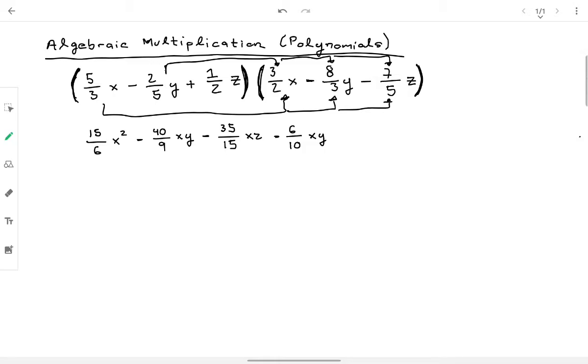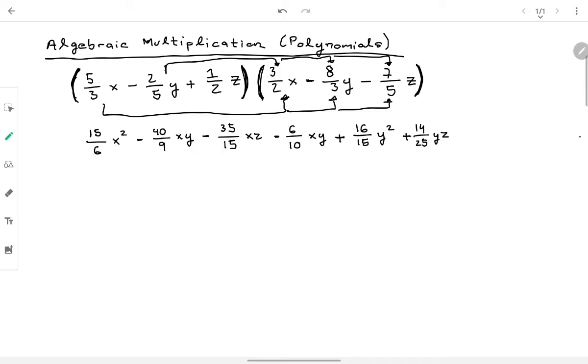So the second one is going to be minus multiplied by minus, it will be plus. 8 multiplied by 2, it's 16. 3 multiplied by 5, it's going to be 15 y squared. Then we will put, in this case, minus multiplied by minus, it will be plus. It will be 7 times 2, 14 25ths of yc.